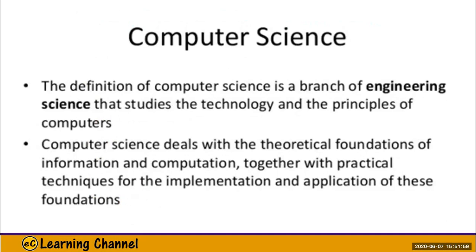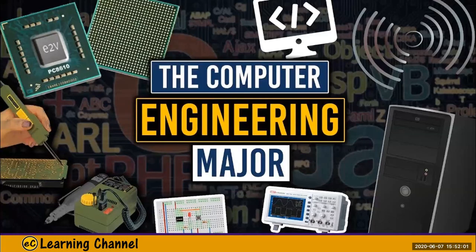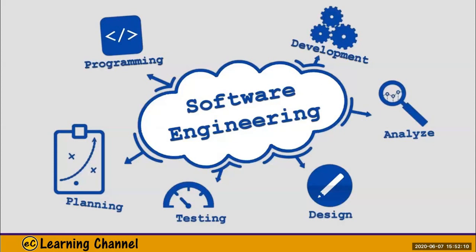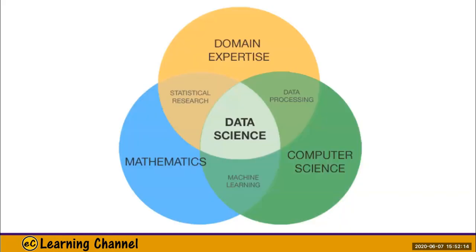Computer science is the science of studying computers. Computer engineering is the engineering job of actually building a computer. Software engineering is the engineering job of creating and building software. Data science includes three things: math, computer science, and domain knowledge. You use mathematical tools to model your domain knowledge.